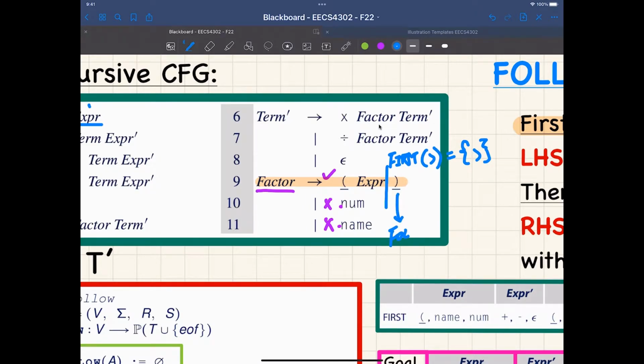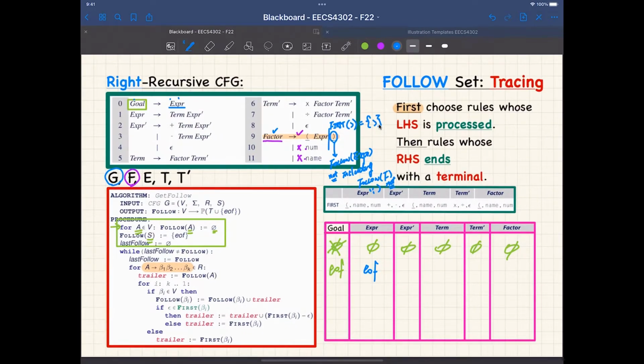The follow of expression, not including the follow of the factor, which is over here, because this neighbor over here is not nullable. Okay, still the only symbol we got to put will be just this one here.